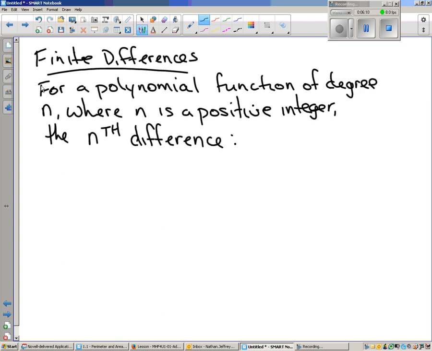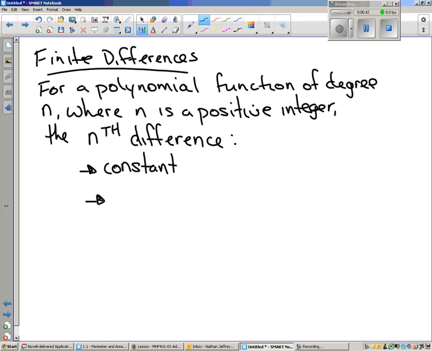So what is the first characteristic that you recognized about the nth difference for the three examples that we just saw? We recognized that the nth difference of an n degree polynomial is constant. There are a few more patterns, and if we would have done more examples, you would have seen that the nth difference is constant.